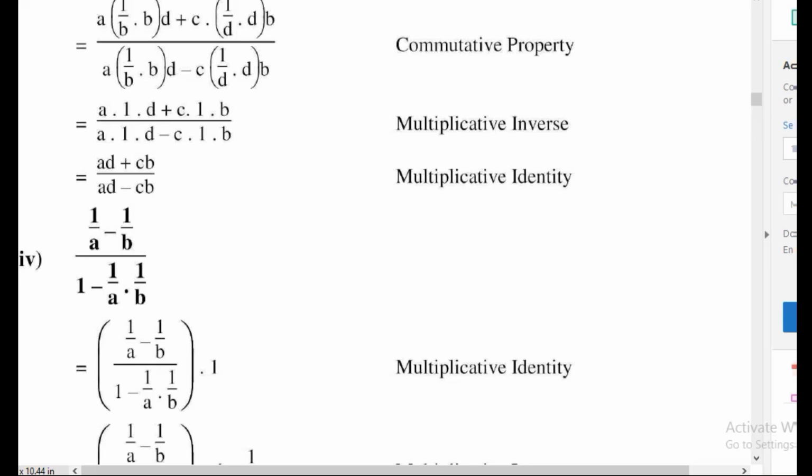So (ad + bc) divided by (ad - bc), which is the required solution.